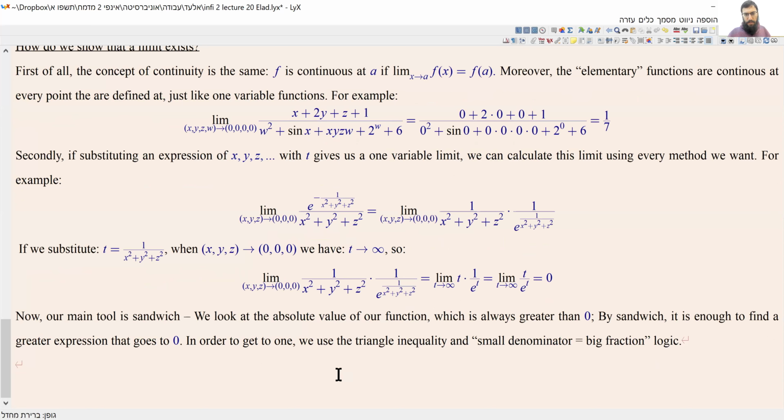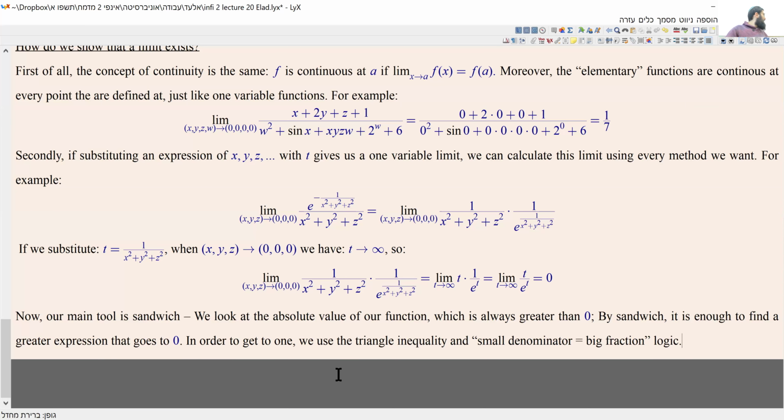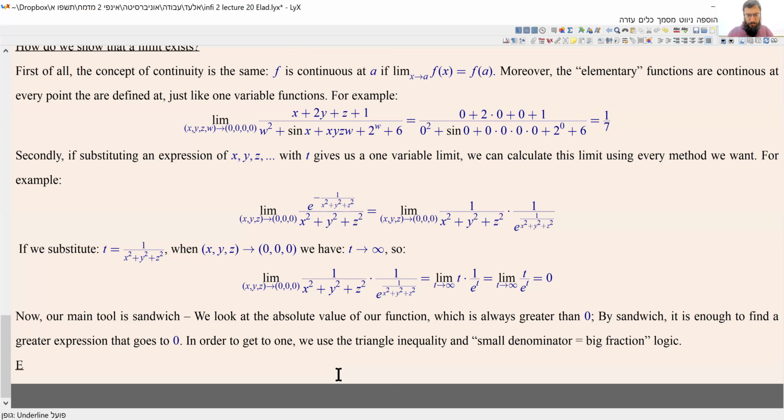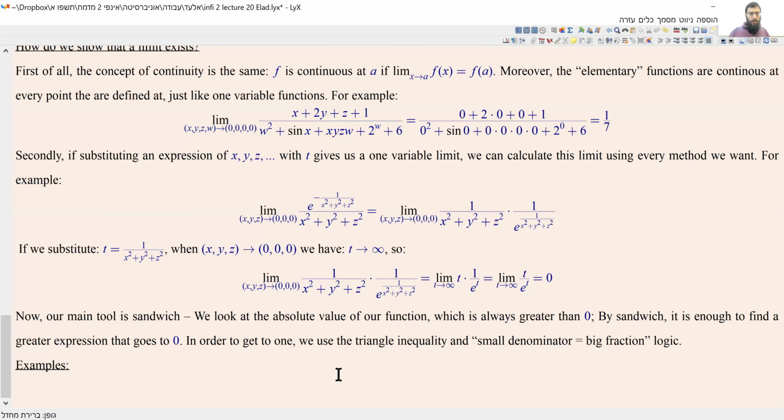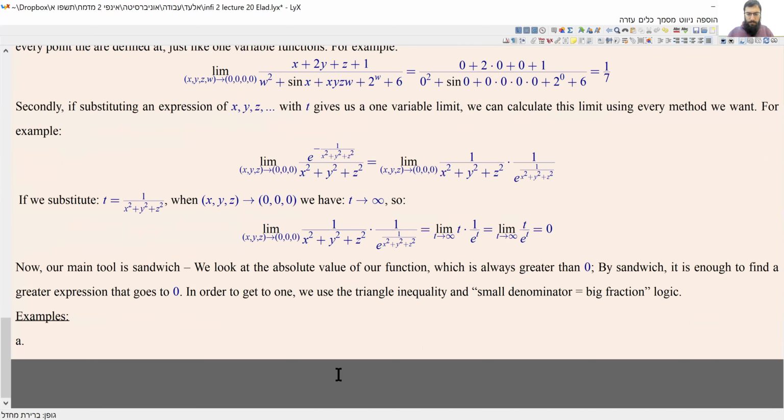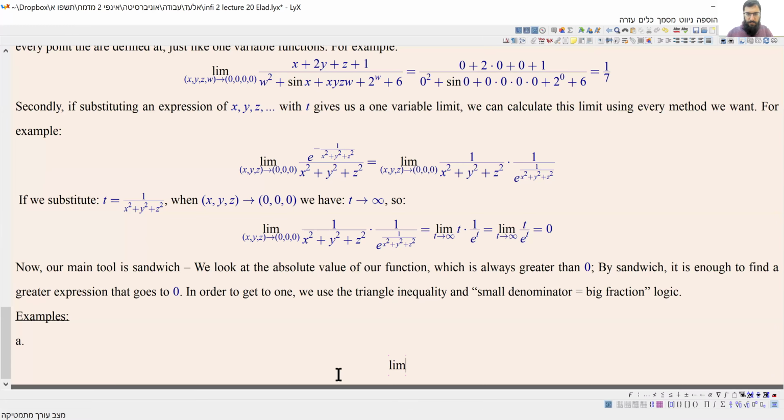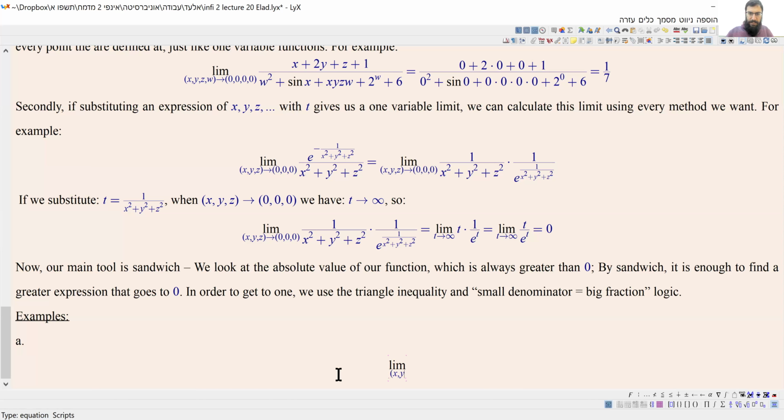Okay, it's a very general description, as I like to call it. Let's do some examples. One, two, three, let's write it down. Let's begin with x and y going to 0, 0. x cubed plus y cubed above x squared plus y squared.